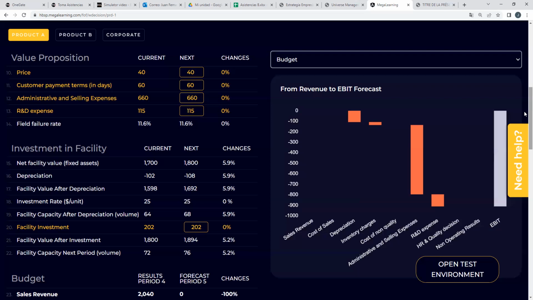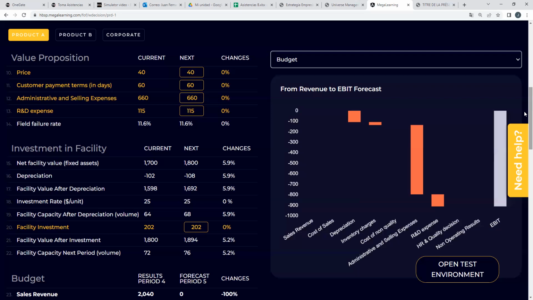The simulation brings the information that was in the previous period. The price for product A for all the companies was $50 per unit. If you validate the decision right now, it's going to take the information from the previous round.